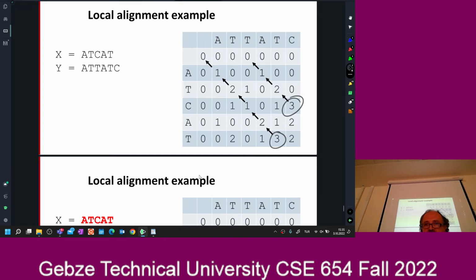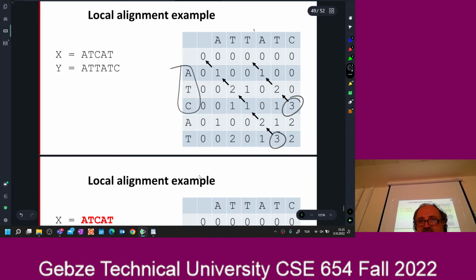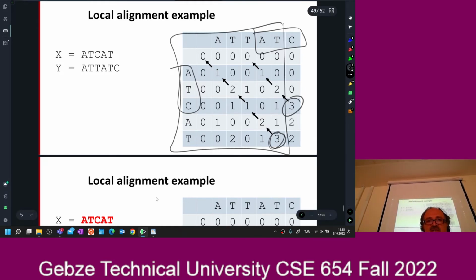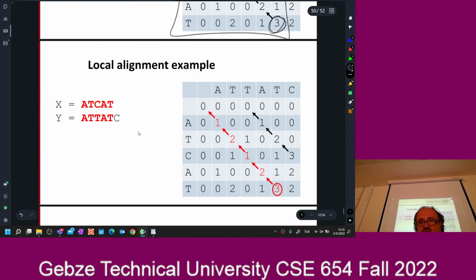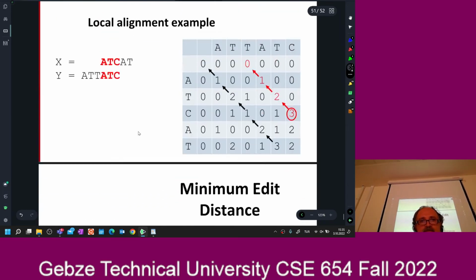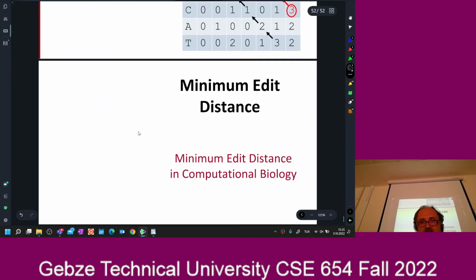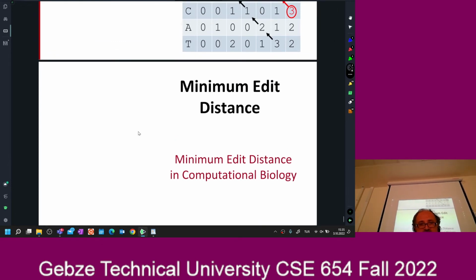This one solves this problem here, ATC, and this ATC. And this 3 is, well, yeah, it is solving a way bigger problem here. Their costs are 3. So it is up to you which one you would choose. Okay, so that's it about the minimum distance.